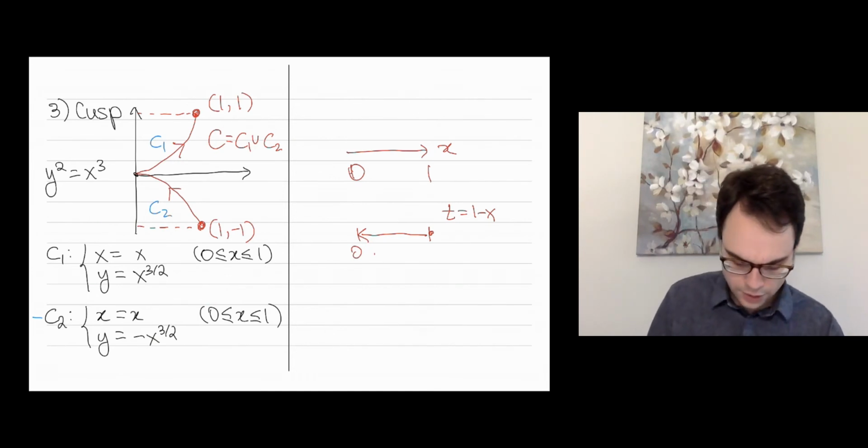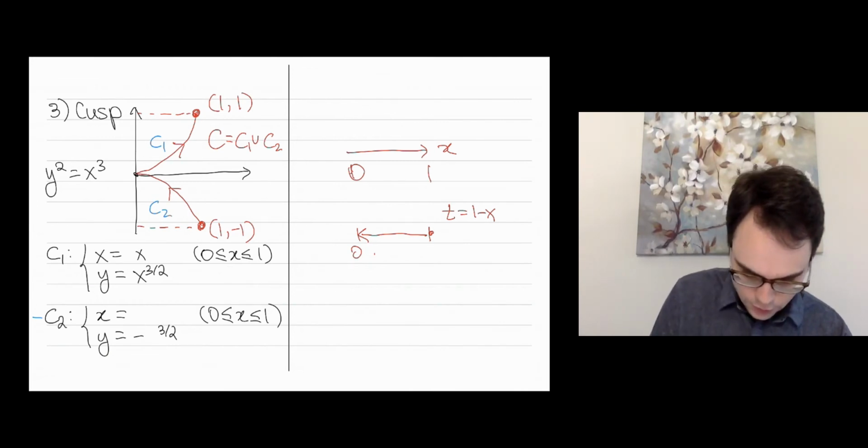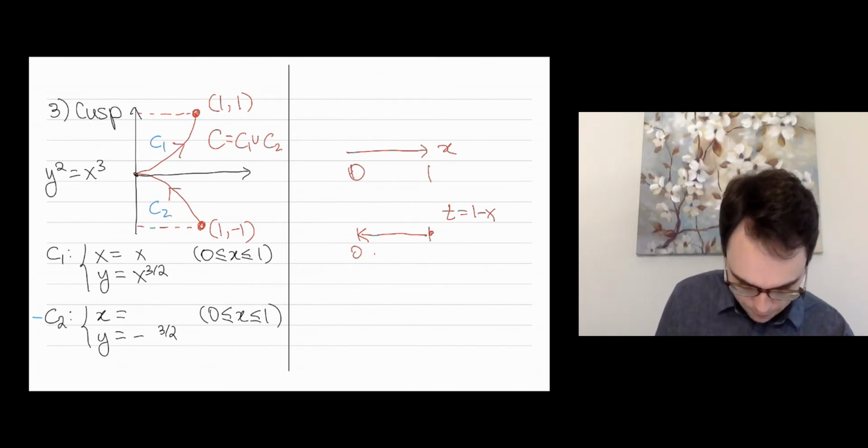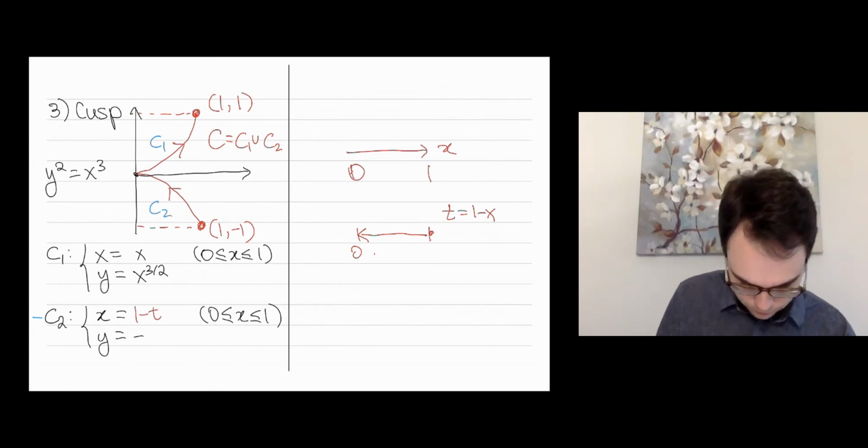So it goes backwards. So I'm going to flip this x to 1 minus t, so x is 1 minus t, and t is going to increase from 0 to 1.